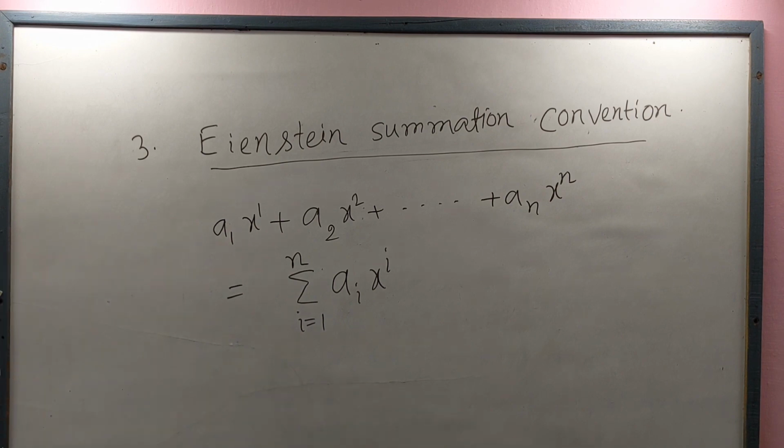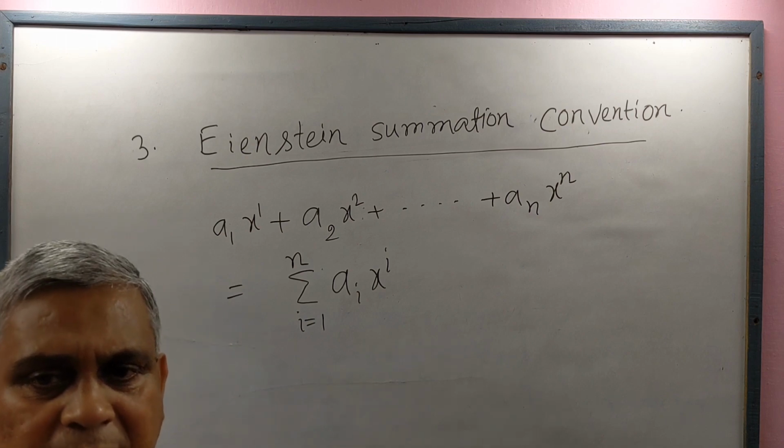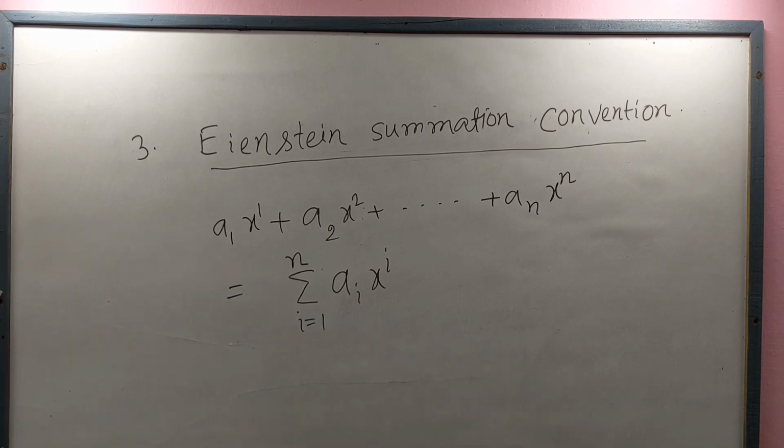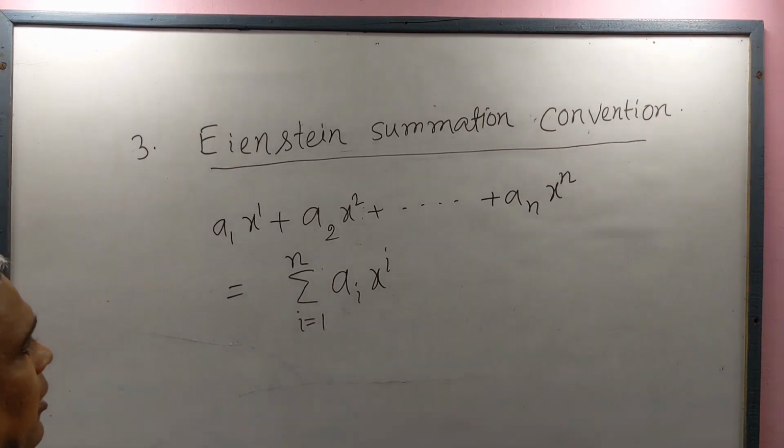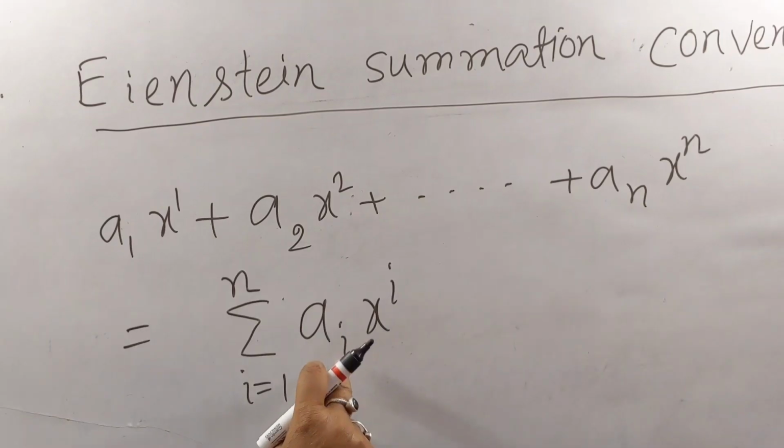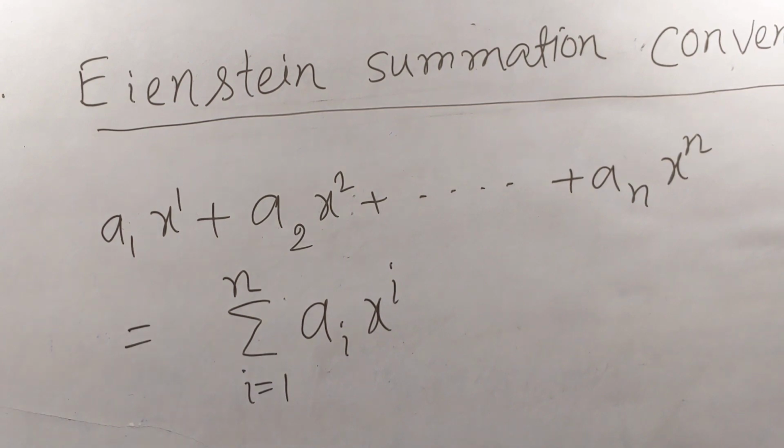This concept is our traditional concept, but Einstein summation convention says that there is no need of using summation if a suffix appears as a dummy suffix in a term.